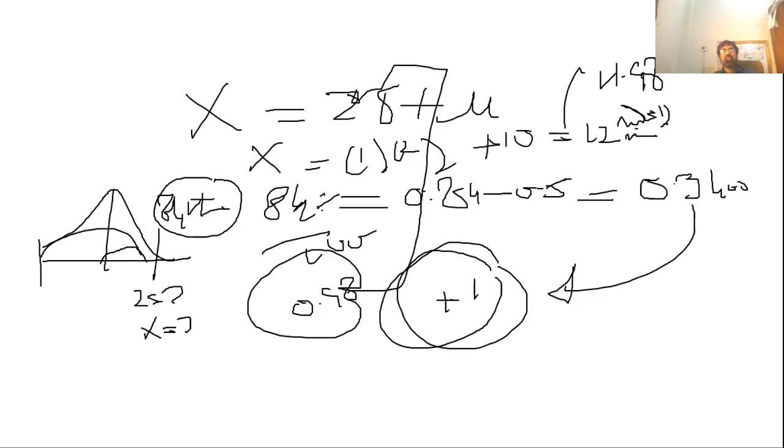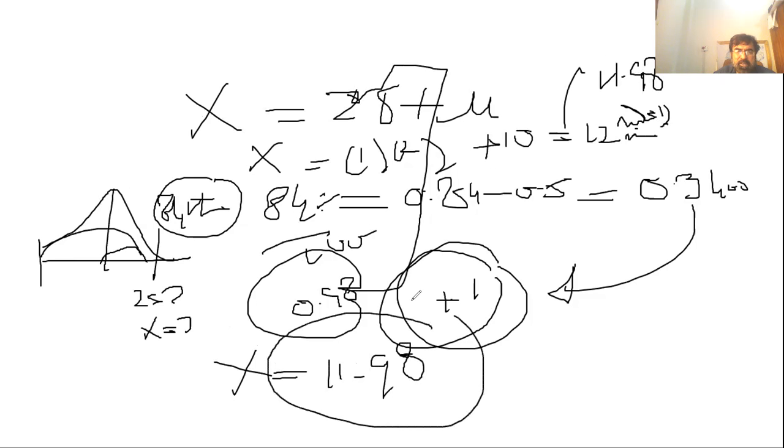So this is for the 84th percentile: the z-score, and then the individual score x, that becomes 11.98. What does that mean? That for a person standing at the 84th percentile, the drug will react on this person after 11.98 or about 12 minutes.